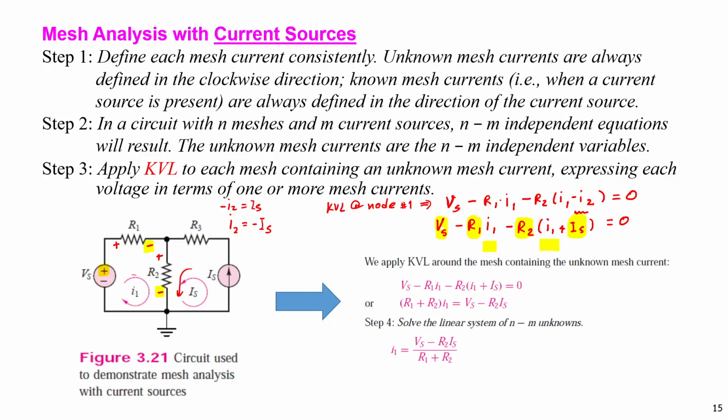So one equation, one unknown. So we solve only n minus m. If we have m current sources in the circuit, the equations remaining are n minus m, right?